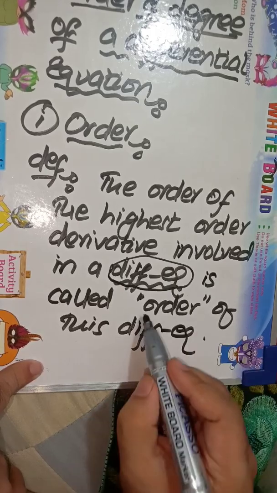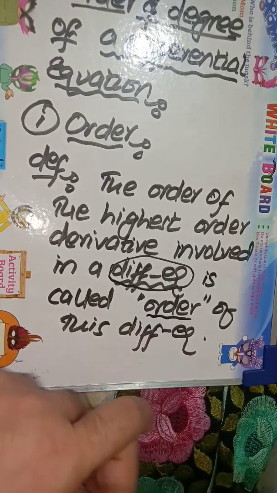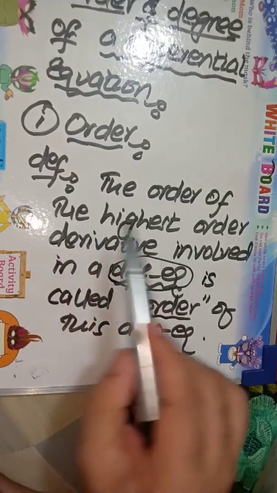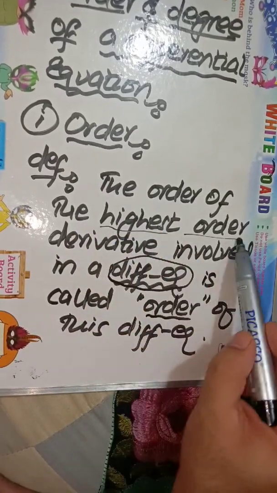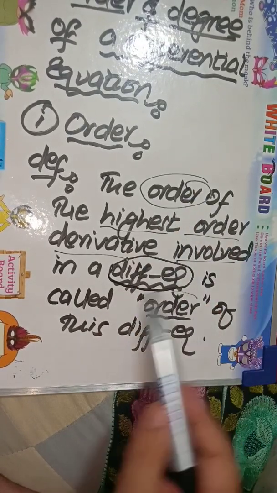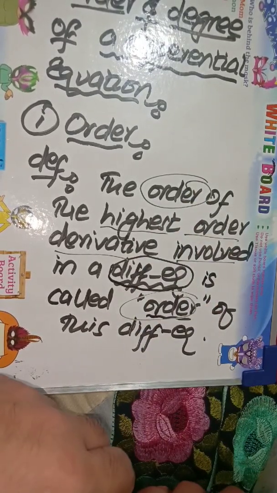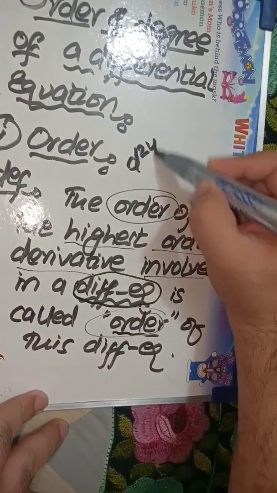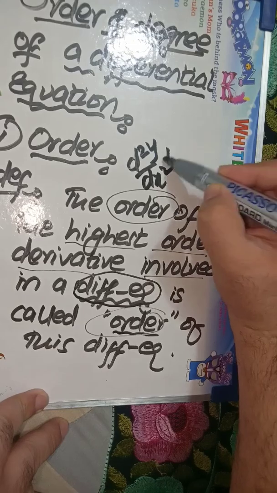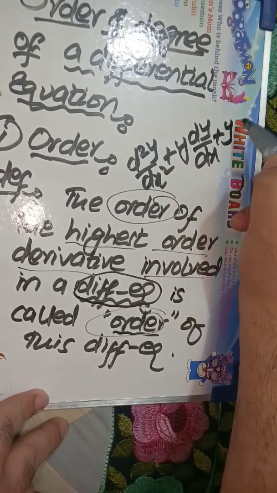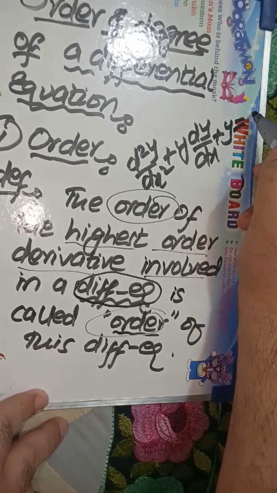So you can say that the authority to set the order of a differential equation is under the belt of the highest order derivative involved in a differential equation. What is its order? It definitely becomes the order of the differential equation. So if we write an example that there is a differential equation like this, d square y by dx square plus y dy by dx plus y is equal to 0.